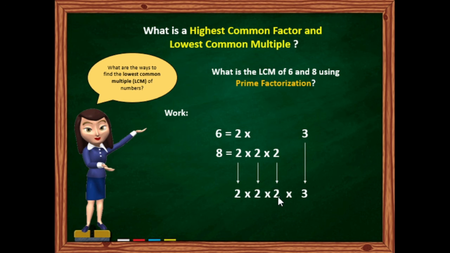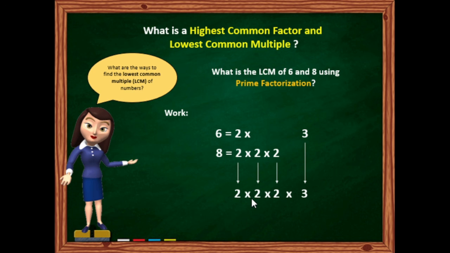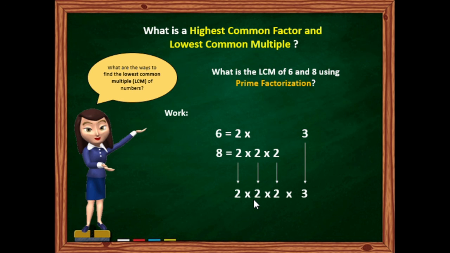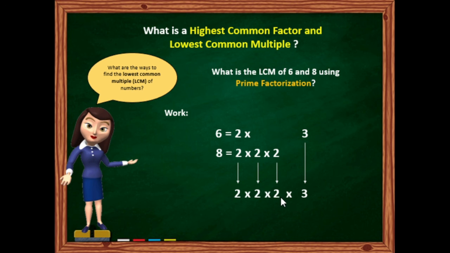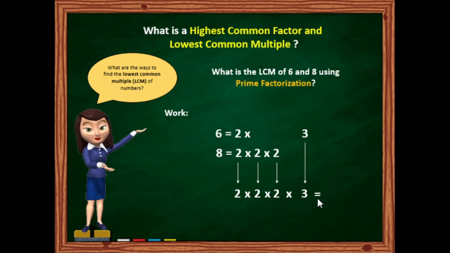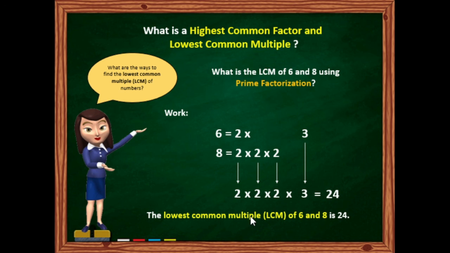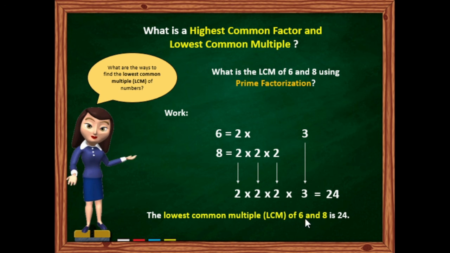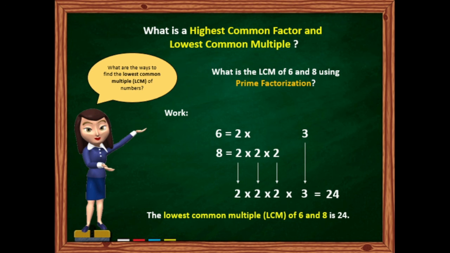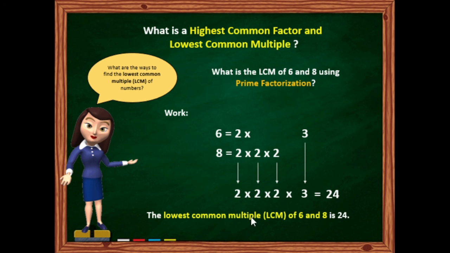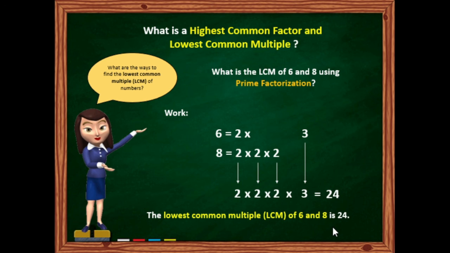And then you solve for it. 2 times 2 equals 4, times 2 equals 8, times 3 equals 24. So, the lowest common multiple or LCM of 6 and 8 is 24. That is through prime factorization.